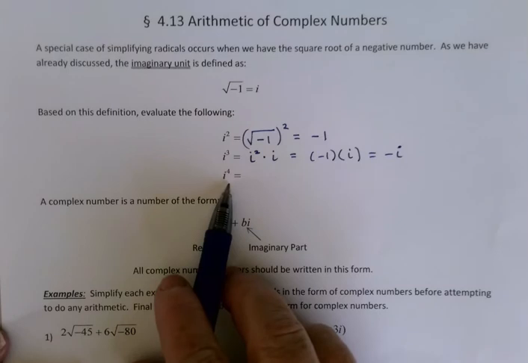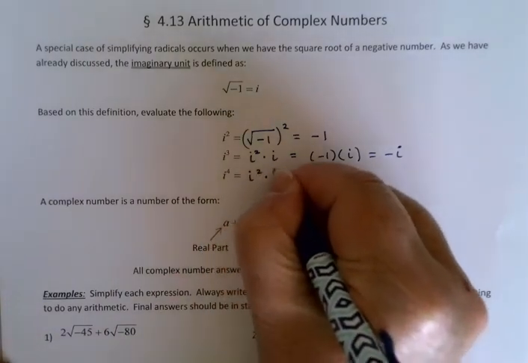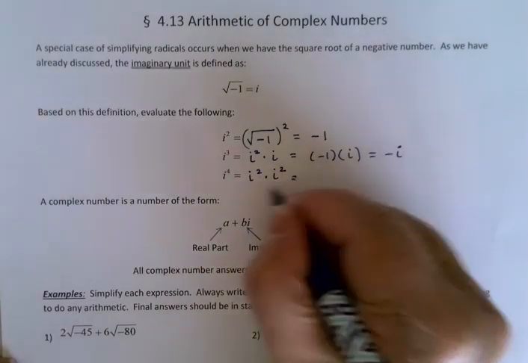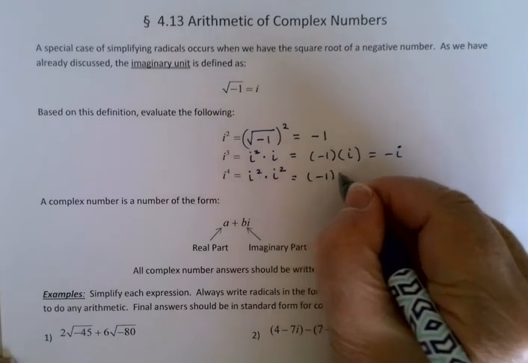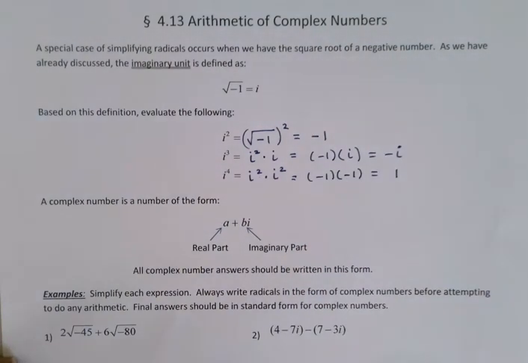Now what about i to the fourth? Well, I'm going to choose to write that as i squared times i squared. Again, 2 plus 2 is 4, so that's true. But i squared is -1. So this is really -1 times -1, or +1.